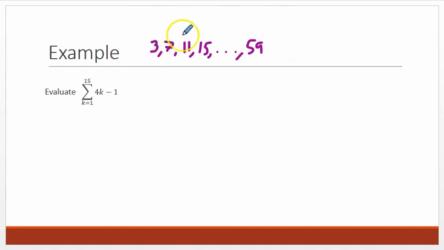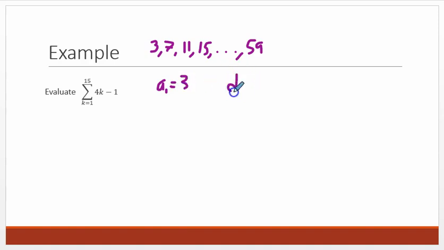So we can actually solve this using our same rules as before. You'll hopefully notice that this is an arithmetic sequence because it is adding 4 over and over again. You might confuse it with the geometric because it looks like you're multiplying, but that process of multiplying is just what's causing it to add 4 over and over again. So what I have here is an arithmetic sequence. We know the first term, so we know a sub 1 is equal to 3.